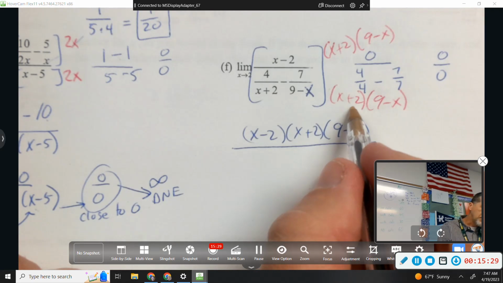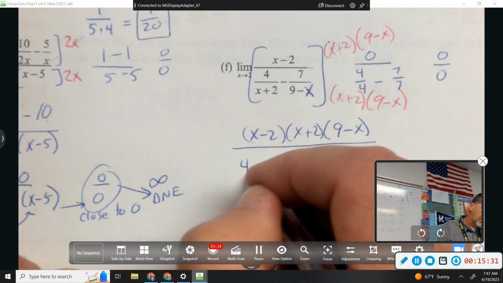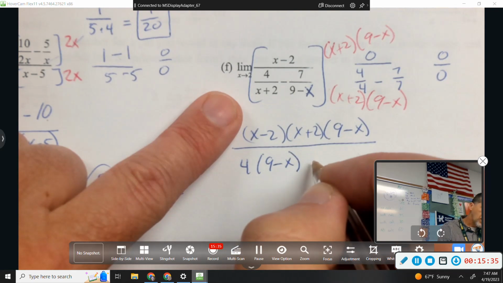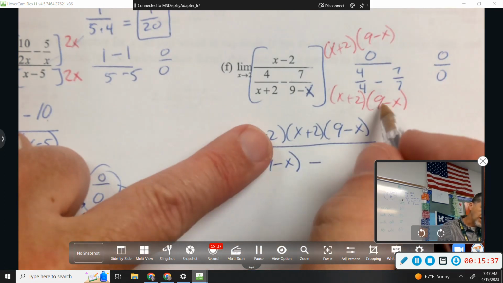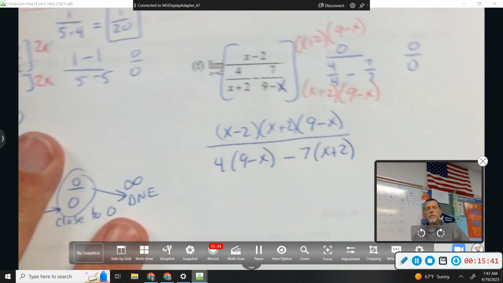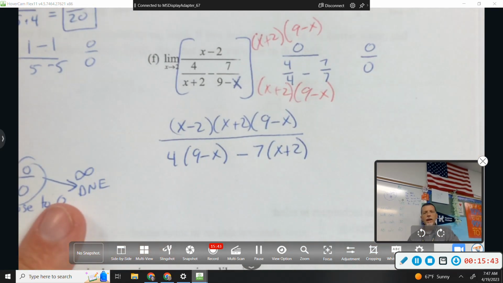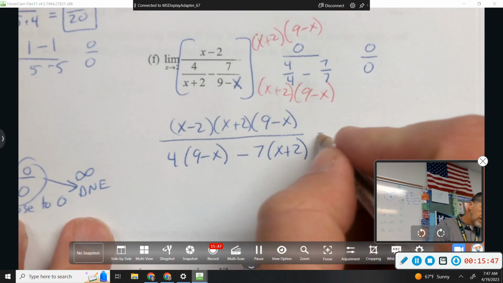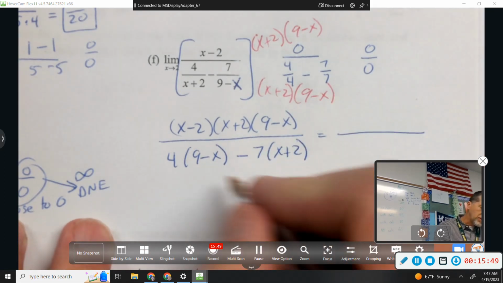In the bottom, let's see, the x plus 2 cancels on the first one. And on the second one, the 9 minus x cancels. Algebra. So I'm going to leave the top alone and just work with the bottom.